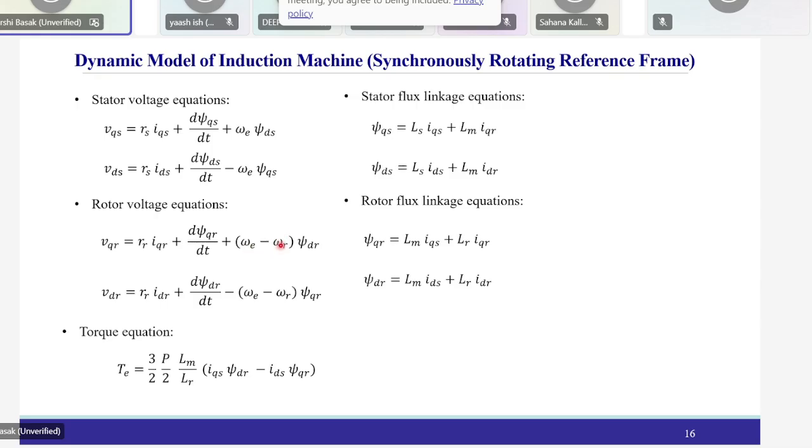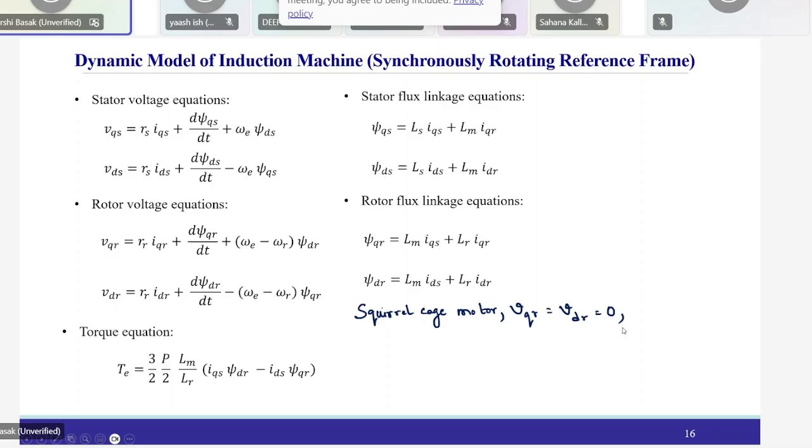Then here also, since it is a squirrel cage motor, let us consider a squirrel cage motor. Actually, squirrel cage motors are mostly used in automotive applications, and slip rings are not. For a squirrel cage motor, VQR equal to VDR, and that is equal to 0.